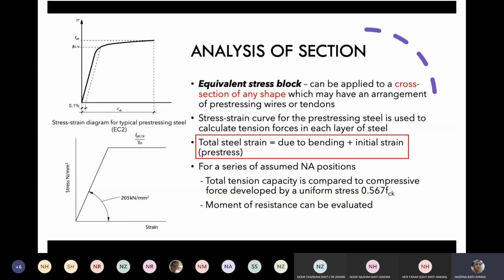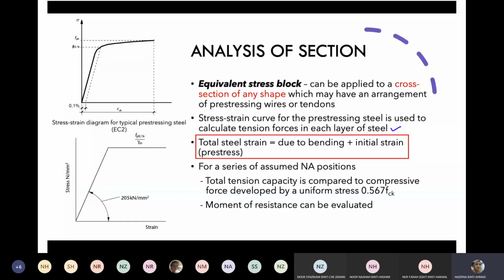The stress strain curve for the pre-stressing steel is used to calculate the tension forces in each layer of steel. We are going to look into the arrangement of the pre-stressing steel in our structure, whether we have one or two layers of reinforcement.